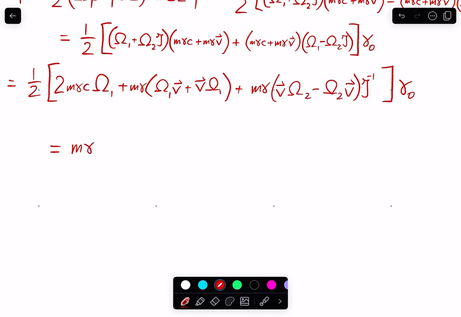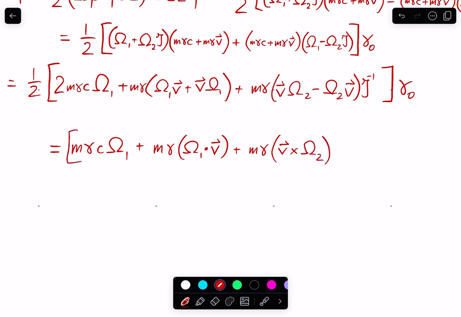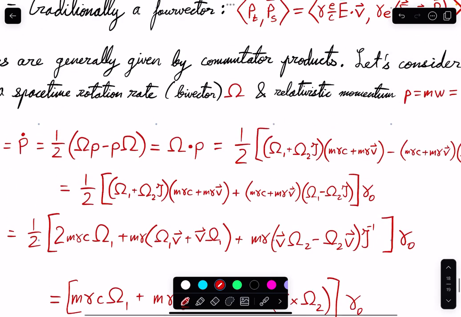We get M gamma C omega 1 plus M gamma omega 1 dot V plus M gamma V cross omega 2. All of this, of course, gamma naught.